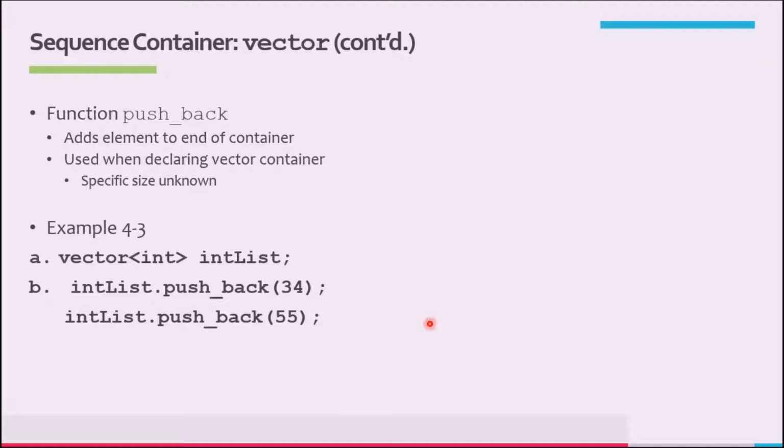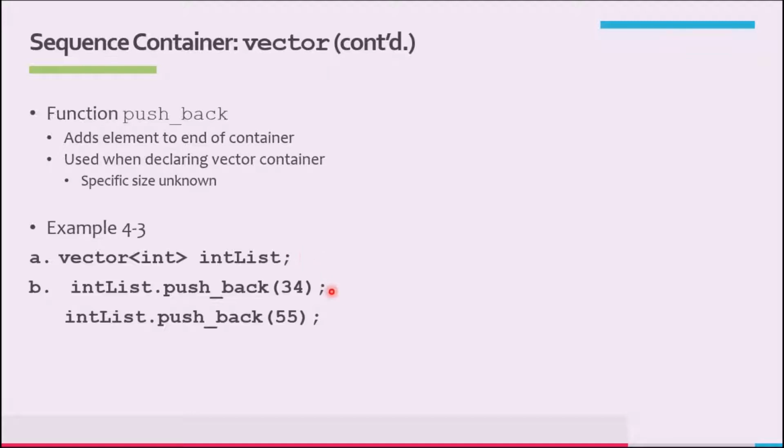Next, if you do not know the number of elements you need to store in a vector container, then you declare the vector container without specifying its size. All right? So the following statement declares intList to be a vector container of size 0.